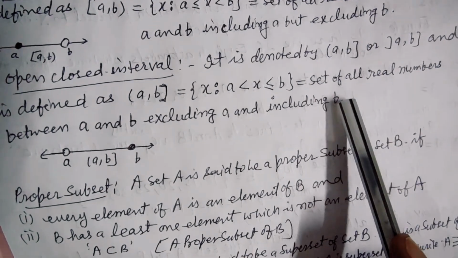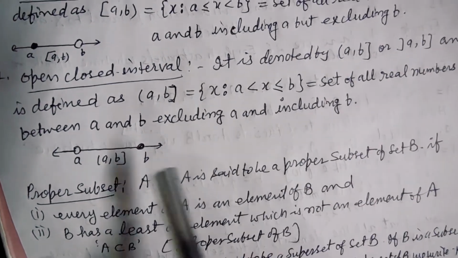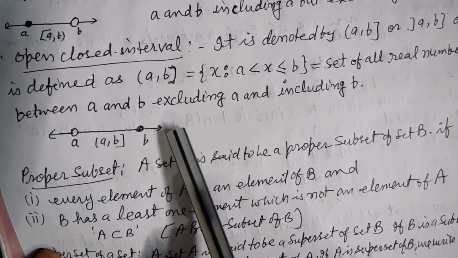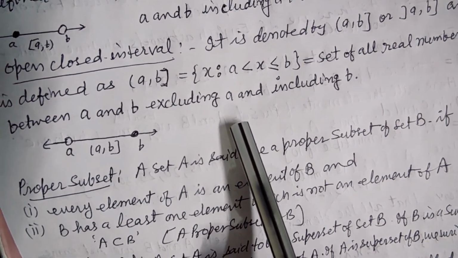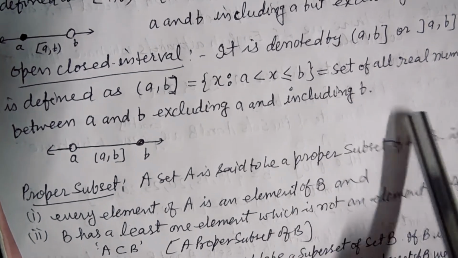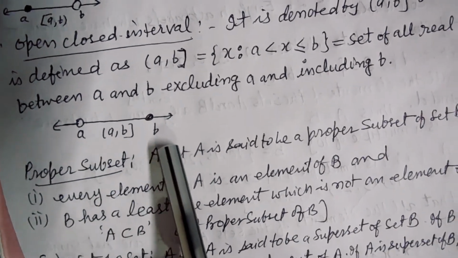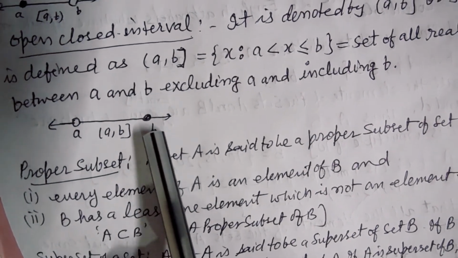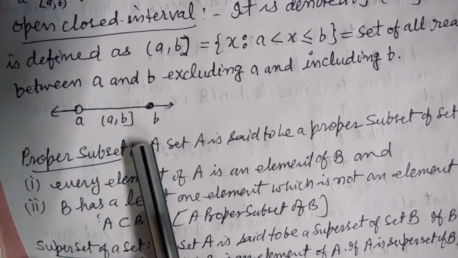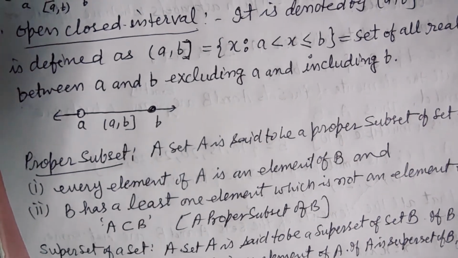This is equal to the set of all real numbers between a and b, excluding a. Excluding a means not including a, and including b. See the figure, a is the open circle and b is the dark circle. This is called the open closed interval.